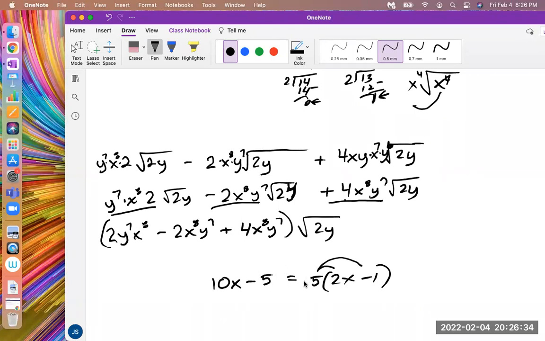So a lot of times in algebra, everybody's really clear and okay with going from here to here. They're okay with distributing, but they forget that we can do the opposite of distributing, which is factoring out, right? So that's what we did with this. We took the square root of 2y out, and we're left with, in parentheses, everything else. So we're left with, in parentheses, 2x minus 1. So I hope that makes sense.